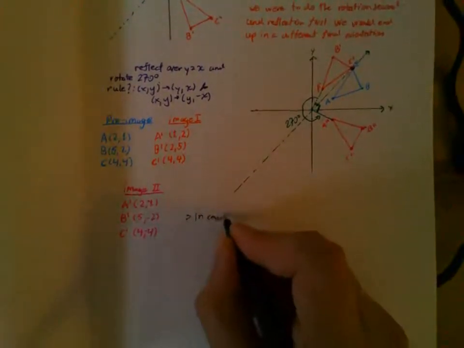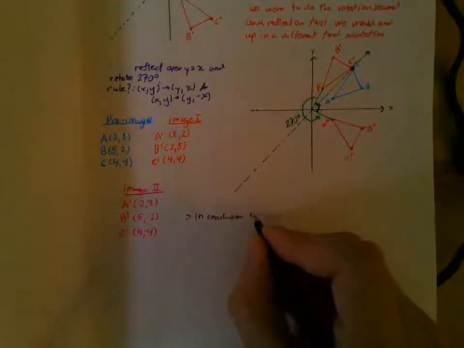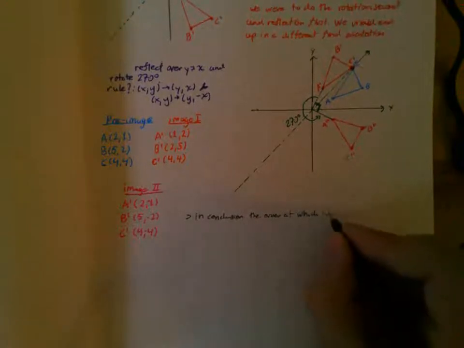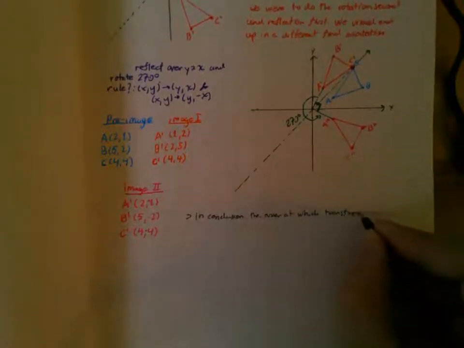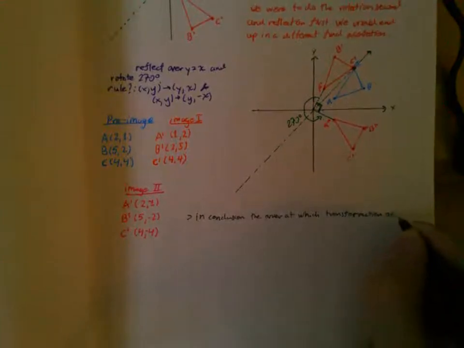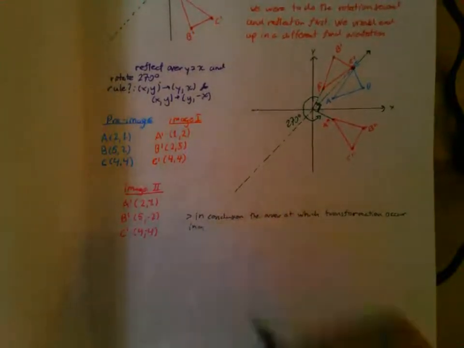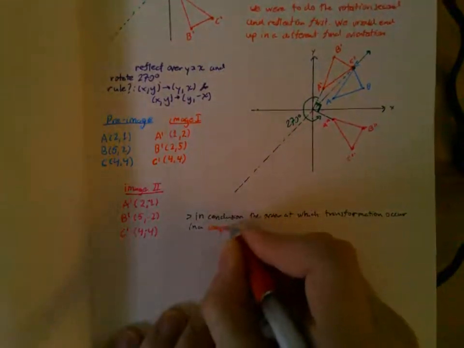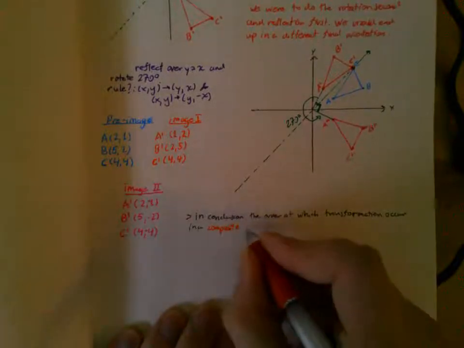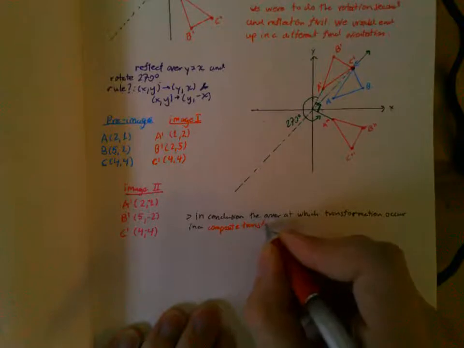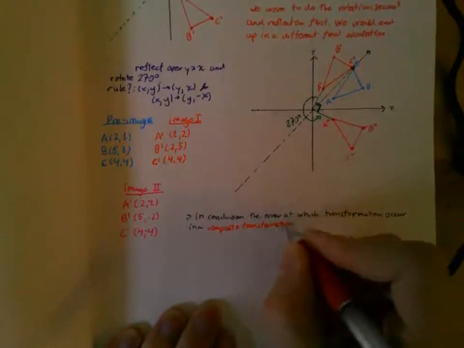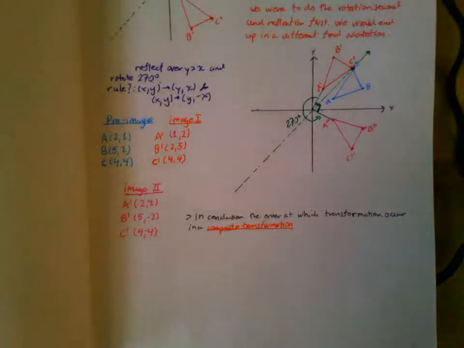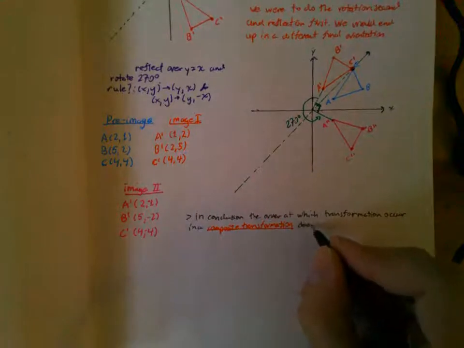In conclusion, the order at which transformations occur in a composite transformation does matter.